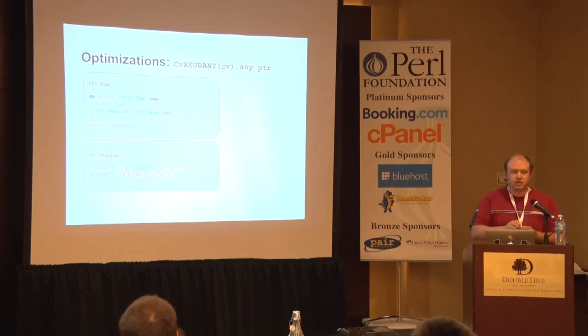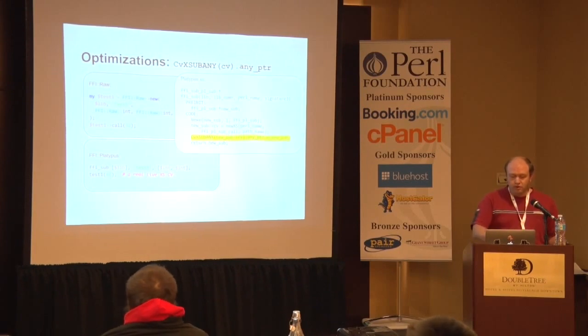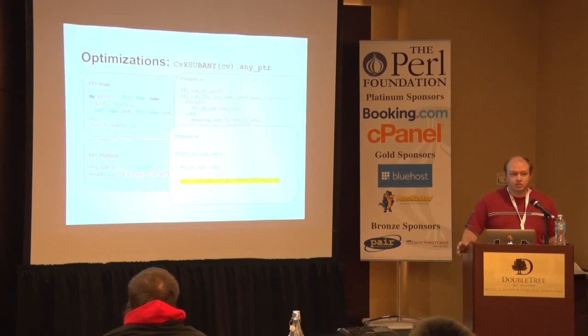You can attach the argument and return types to the CV using this anchor. When I create the subroutine, I use CvXSUBANY to attach this extra information, and then when I call the function itself, I can grab it again and use that to make my call. So this actually makes certain calls much faster.